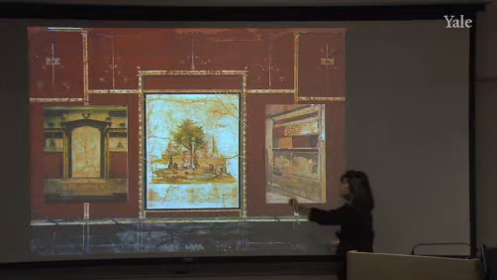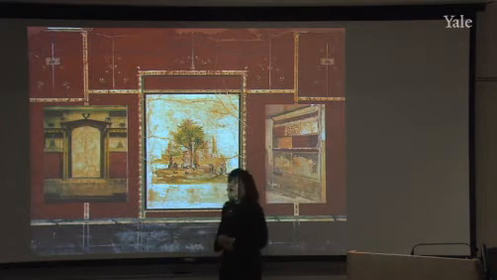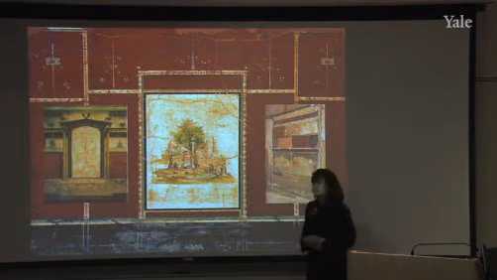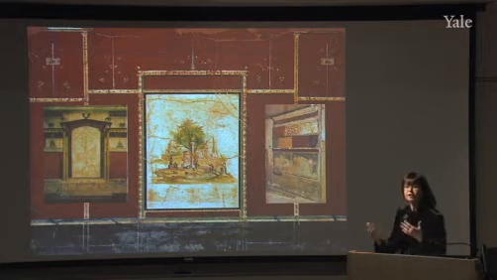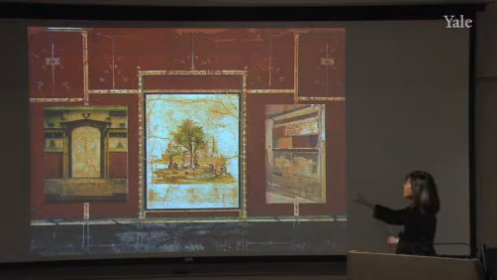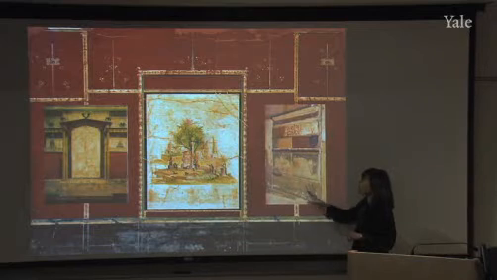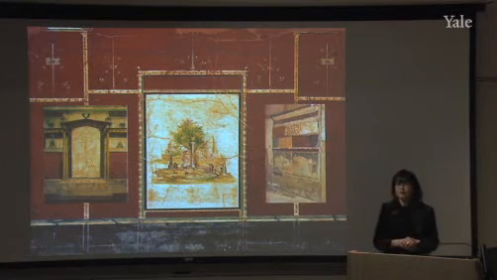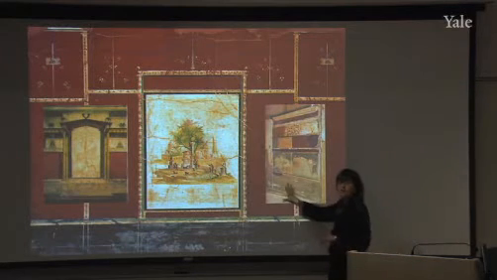Now, you might say to me that if we're going back to respecting the wall and to having a painting that is fairly flat, what are we going back to the first style of Roman wall painting? And I remind you of one of the first style Roman wall paintings that we looked at together. But it really is very different from the first style as well, because in the first style, you'll remember, the wall was not actually flat.